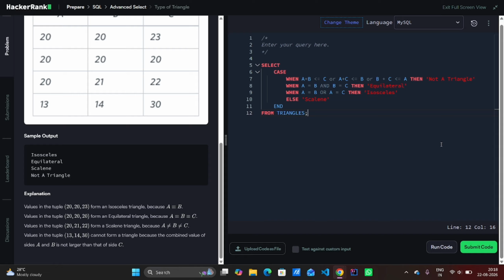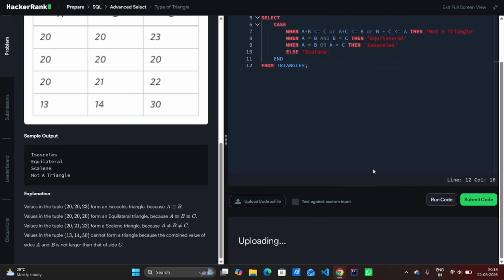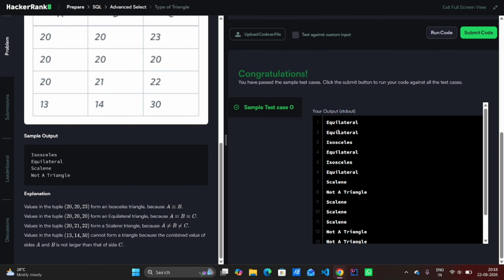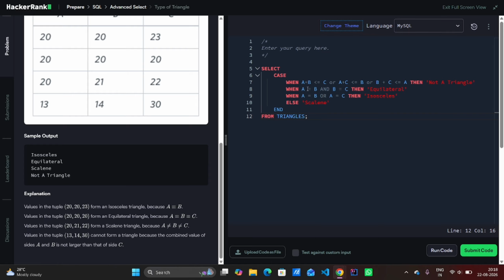Okay, let's try to run this query once. If something breaks, we will fix it. Okay, all the test cases are passed. I will explain this once again. We used select and we used case, as we use in switch cases in any programming language. Case when this thing, then not a triangle; when this thing, then equilateral; when this, then isosceles; else scalene.